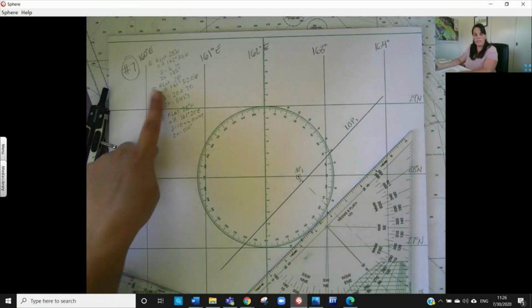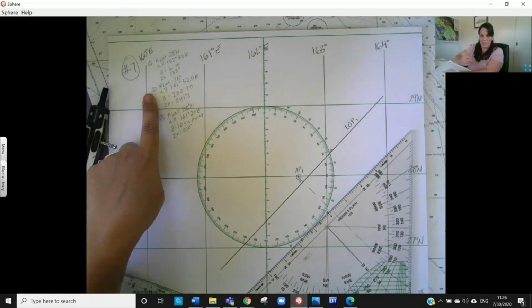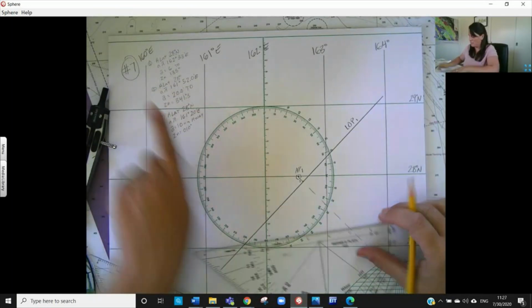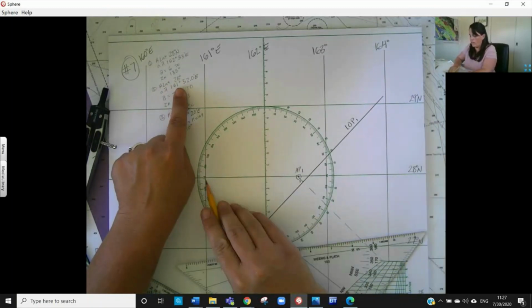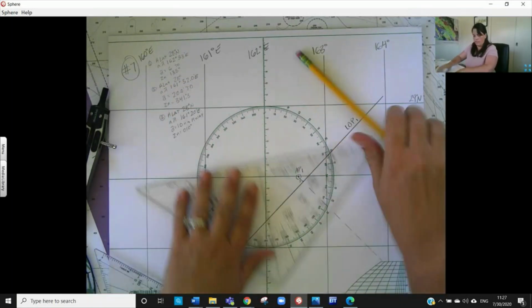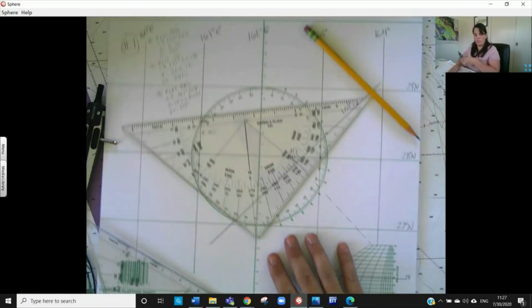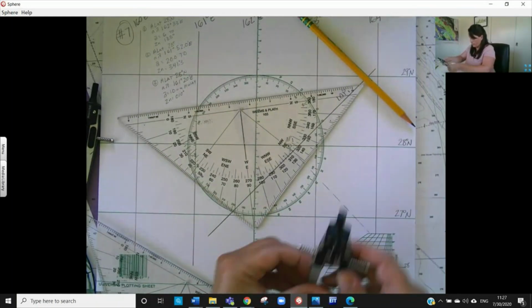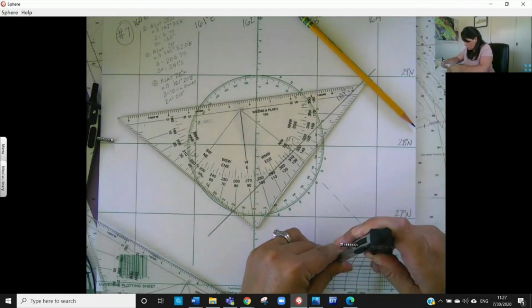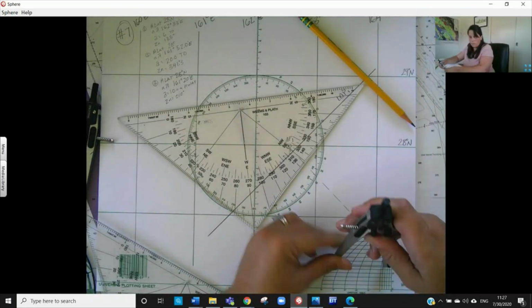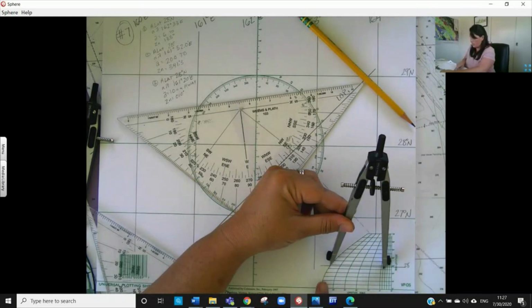Now I'm going to plot my assumed position for number 2 of number 7. So 28 degrees, 161.52. So I need to find 52 on my longitude scale. So again, I'm starting at the 50 and going to the 2.